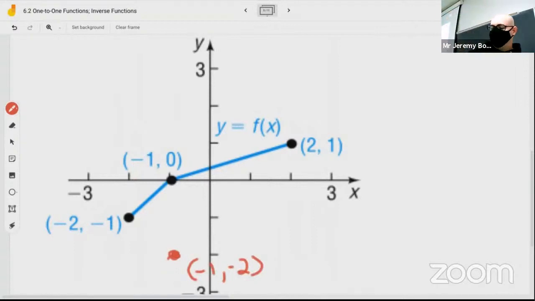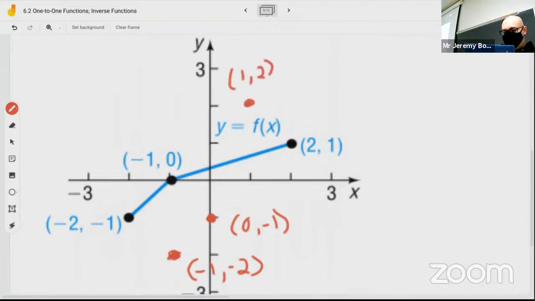If the original function has the point -1 comma 0, what is the inverse going to have? 0 comma -1. And if the original function has 2 comma 1, what is the inverse going to have? 1 comma 2, which is up here.